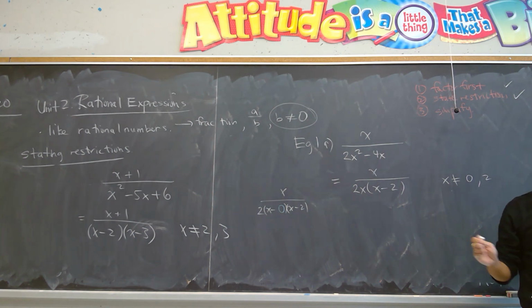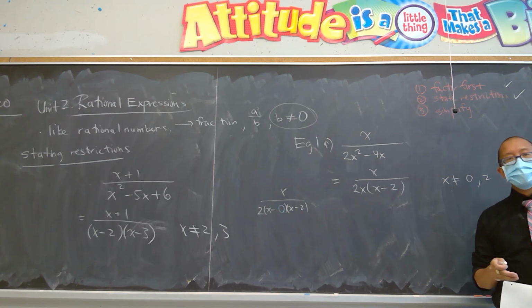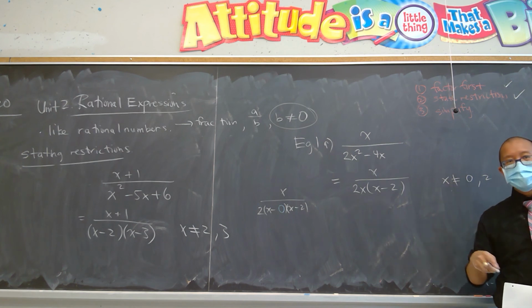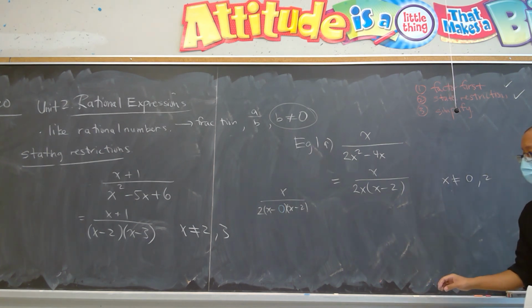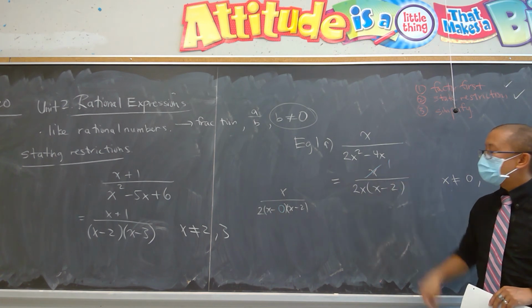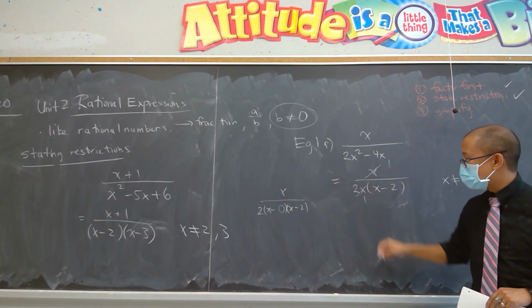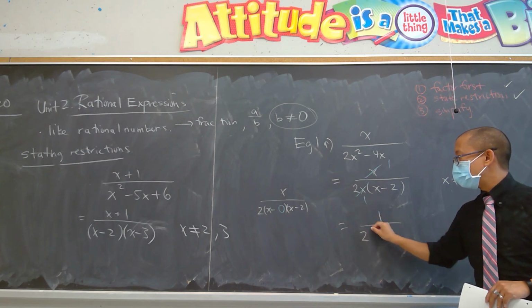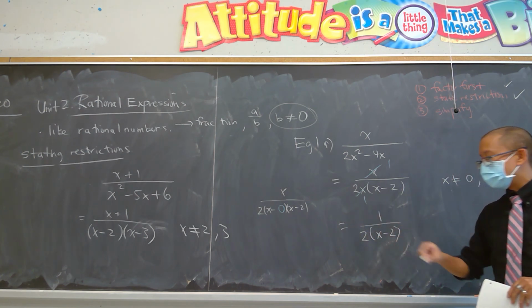That's the crucial one. But once everything's factored, a lot of you remember, maybe from grade 9 math, we start dividing out or reducing. X in the numerator becomes 1. X in the denominator also becomes 1. The final answer, I think everyone agrees, is 1 over 2 times x minus 2.